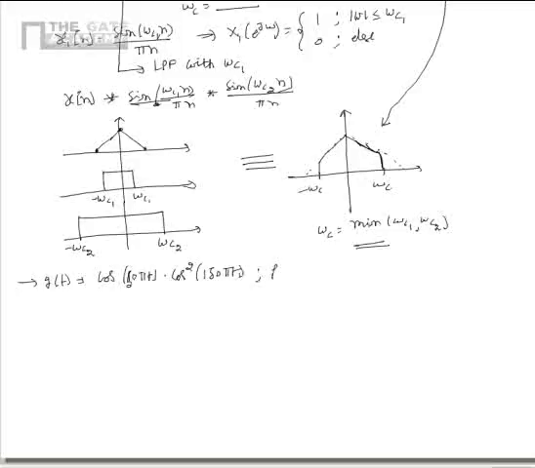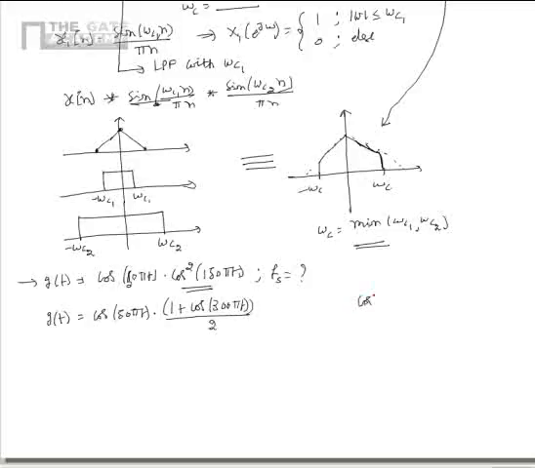We need to find the Nyquist sampling frequency of this signal. We can write g of t as cos of 50 pi t multiplied by cos square of 150 pi t, which can be written as 1 plus cos 300 pi t divided by 2.